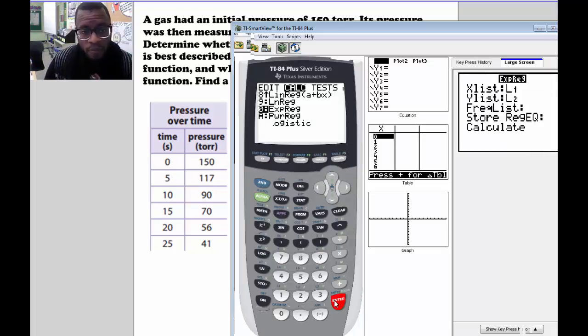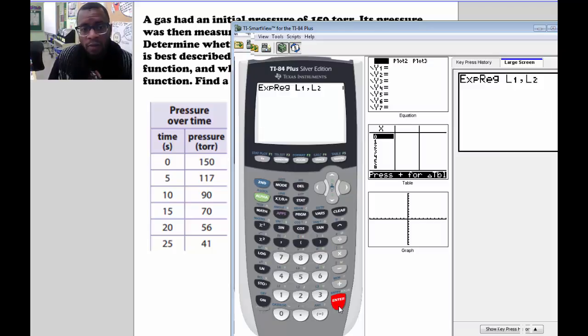In the previous example, we stored our regression. We don't need to do that now because we're not doing a scatter plot and fitting this curve to it. We're just calculating the regression equation. So we're just going to hit enter, enter, enter, and calculate.